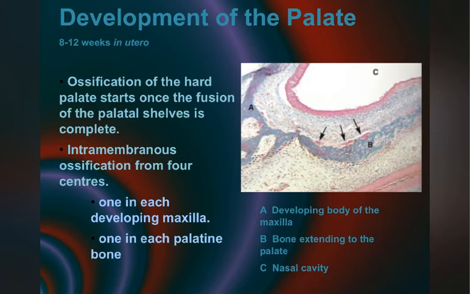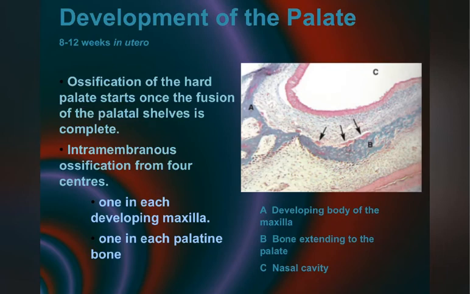Intramembranous ossification means that the bone is formed directly from mesenchymal cells without going through the cartilage stage.